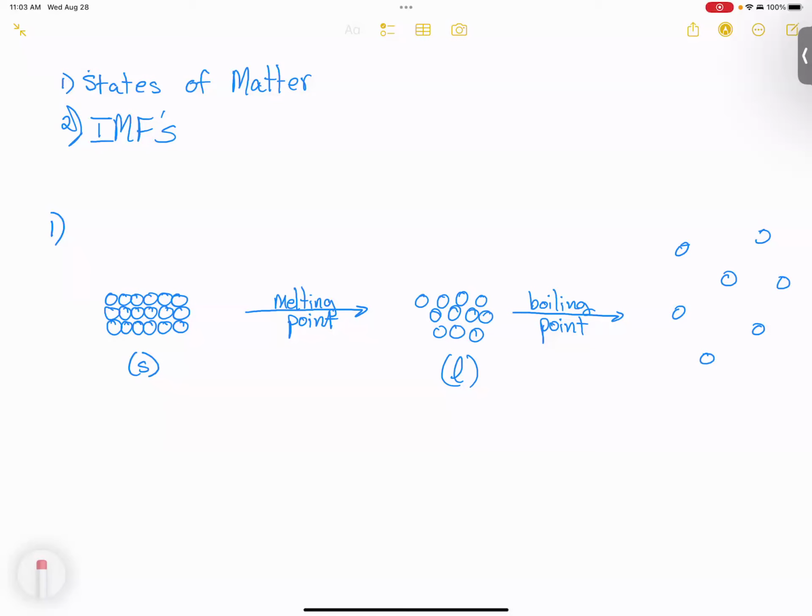So again, being able to picture the state of matter gives you a little bit of a sense of the forces that are at play. Any questions so far? We're going to talk about these intermolecular forces in a little bit more detail when we get into talking about the physical properties of substances.